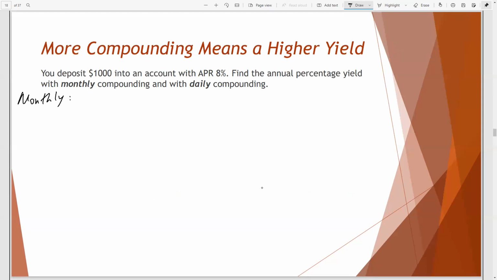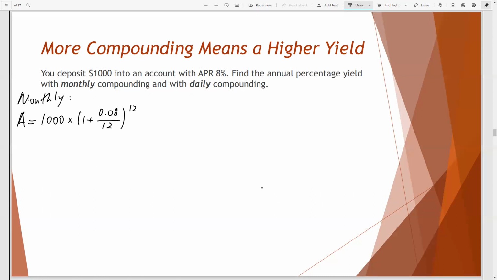First part, we see monthly compounding. That accumulated value, I will not do it slowly; I just assume we have the formula well. Monthly compounding, that's divided by 12. And the accumulated value is just accumulated for 1 year.